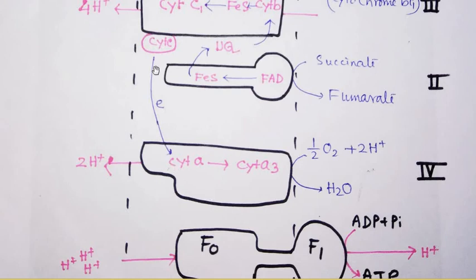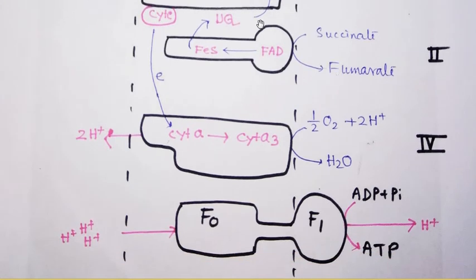It receives electrons from cytochrome C and then transfers this electron to the cytochrome A3, and then cytochrome A3 transfers the electron to the oxygen. Inside the matrix, oxygen with the help of electrons and H plus ions is reduced into H2O, and during this reduction 2 H plus ions are pumped out to the outer chamber from the inner chamber.